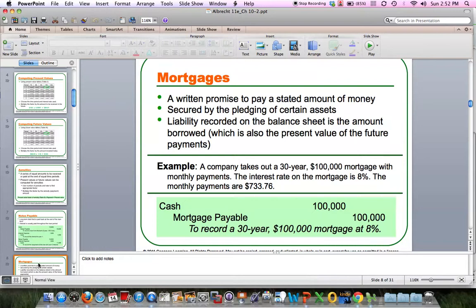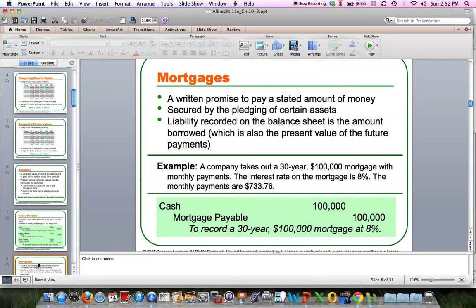So it's a written promise to pay a stated amount of money secured by an asset, typically a building or land, and the liability on the balance sheet is the amount borrowed, which is also the present value of all future payments. In this example, a company took out a 30-year, $100,000 mortgage with monthly payments.